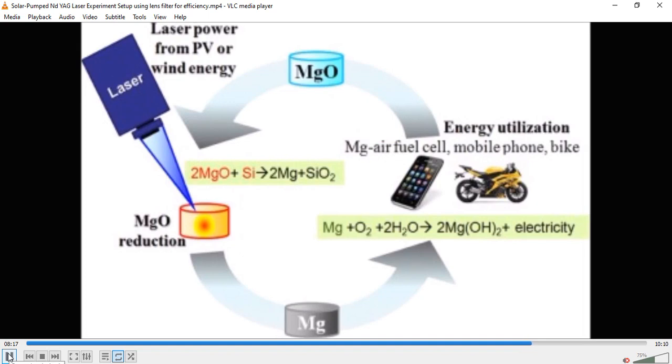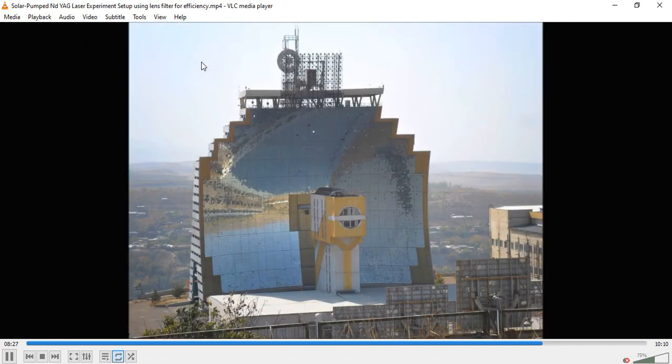And the whole technique of laser-based magnesium oxide reduction could be used as an energy cycle, with laser power derived from PV or wind energy. And again, as I mentioned, this is not a new technology. In Uzbekistan there's actually the largest solar furnace in the world, and it does precisely this at a much larger scale.